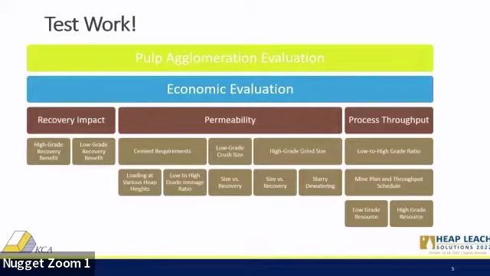So in order to determine what your potential economic benefits are, you need to first look at what your recovery improvements are with your material, what you gain by grinding, as well as what your target crush sizes need to be for the low grade ore and what your mill grind size is. The next is looking at the permeability.